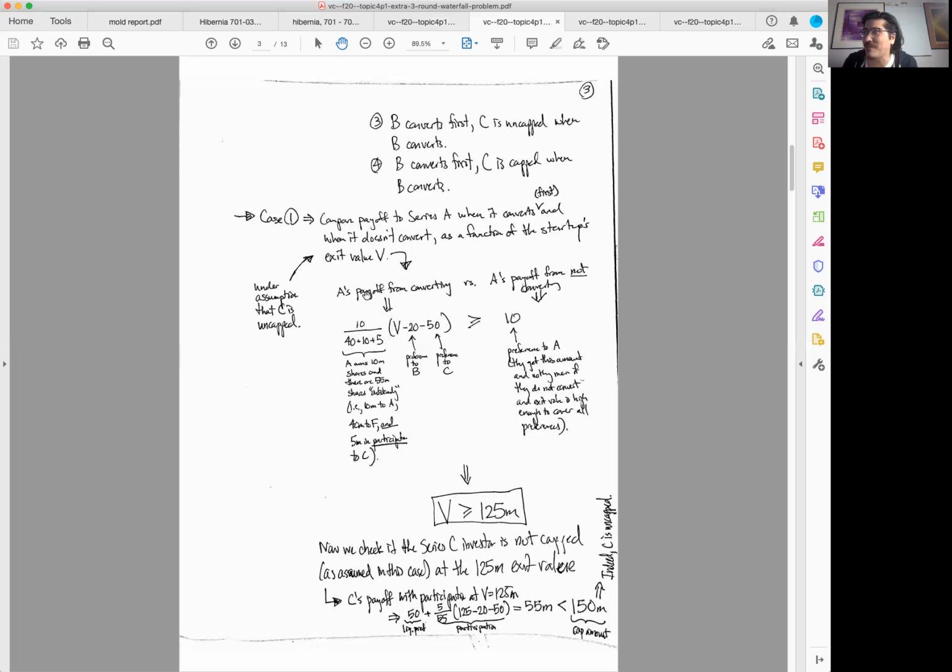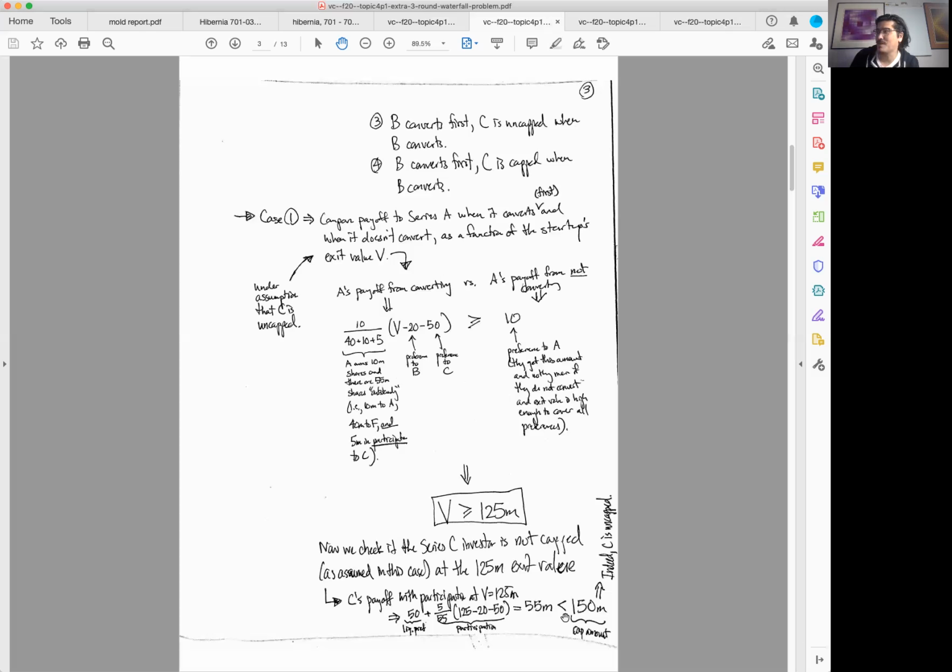And they would get 5 out of the 55 million shares as participation, correct? Times the 125 exit value minus the 70 that gets paid out as liquidation preference. You do the math here, this translates to 55 million, which is less than 150, which was the cap.